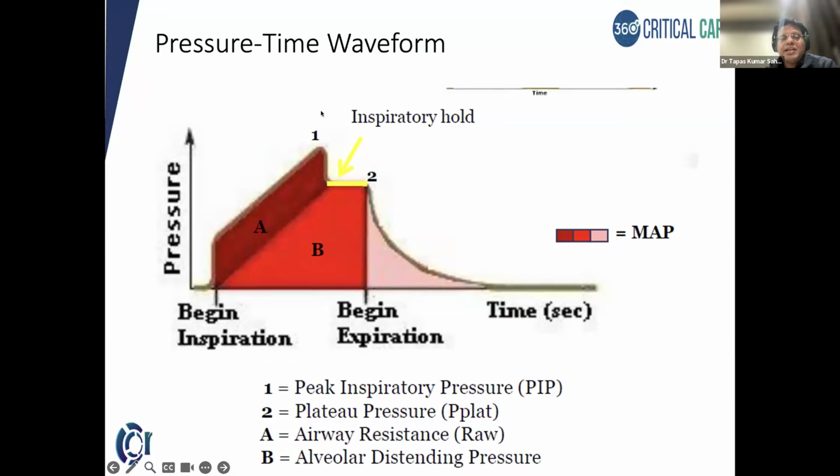Clear? So if it is rising, you will be labeling whether the resistance part is actually affecting. But if it is affecting in the B part, you will say there is a compliance problem. Alveoli over distended. So you need to be reducing the PEEP so that we are not over distending the alveoli. Clear?